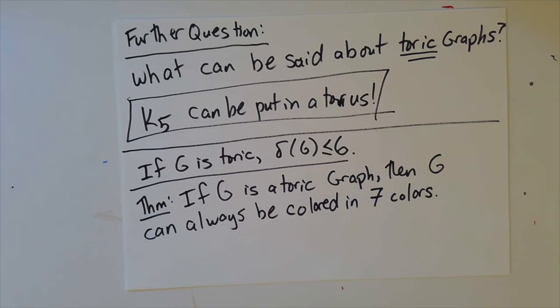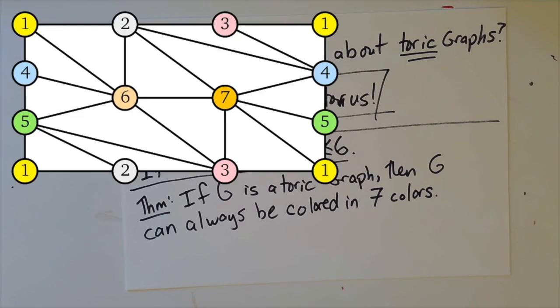But if you think back to what we've talked about before, I showed you this picture. And this picture, if you'll recall, is a demonstration of embedding the graph K7 into the torus. There it is. And K7, the complete graph on 7 vertices, definitely can't be colored in fewer than 7 colors.